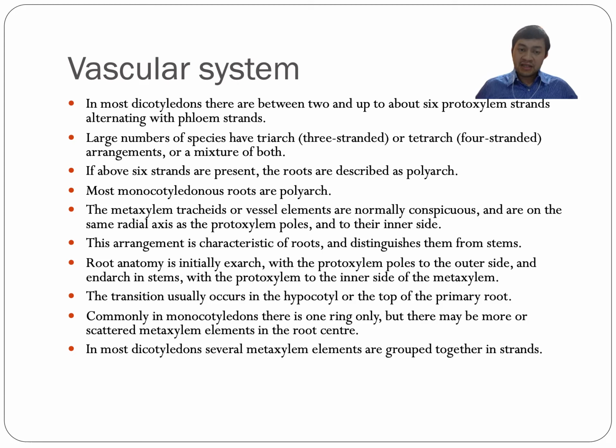The metaxylem tracheids or vessel elements are normally conspicuous and are on the same radial axis as the protoxylem poles and to their inner side. This arrangement is characteristic of roots and can distinguish them from stems.